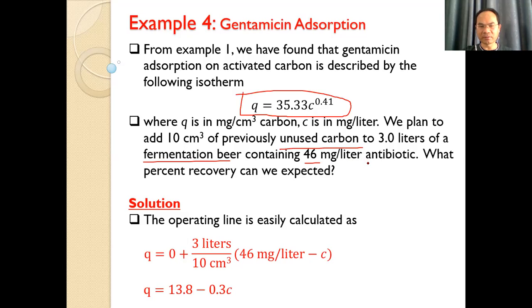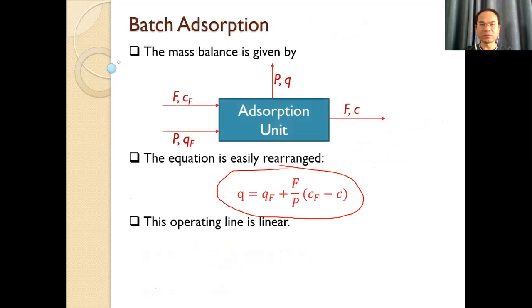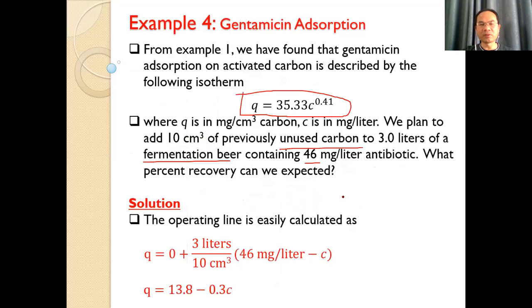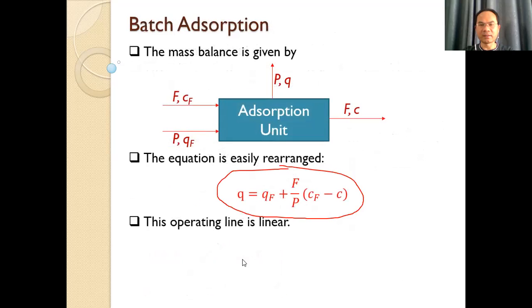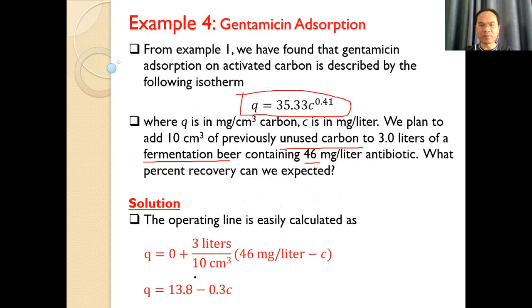For this case, you can draw the operating line. The operating line: Q equals QF plus F over P times (CF minus C). For this case, there is no solute adsorbed on the surface in the initial state, so QF is 0. F equals 3, P equals 10. So F over P and CF minus C. And then you know Q is a function of C. Q is the concentration adsorbed on the surface of the adsorbent, and C is the remaining concentration of solute.